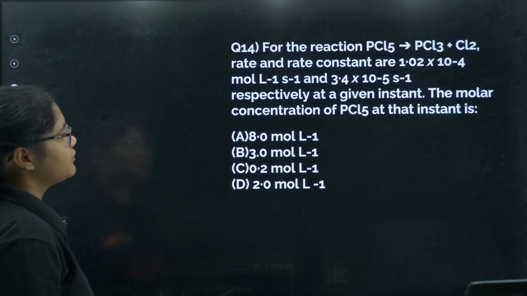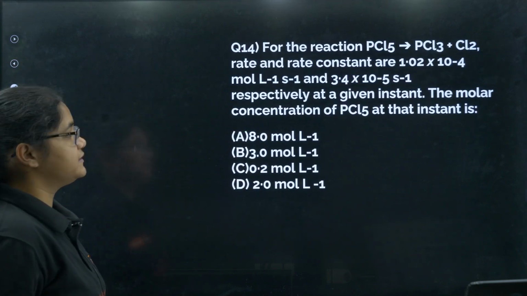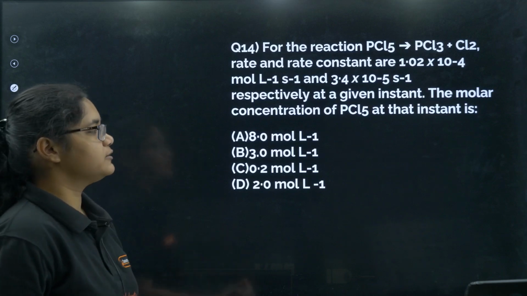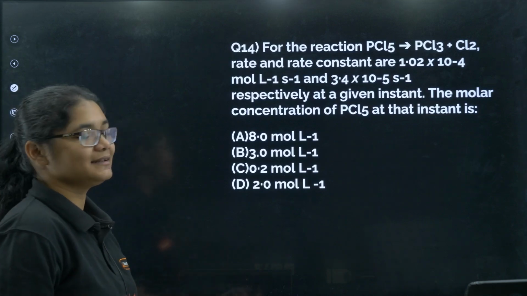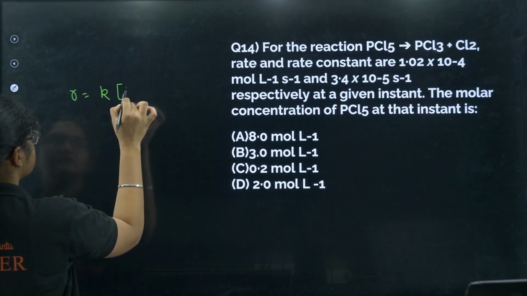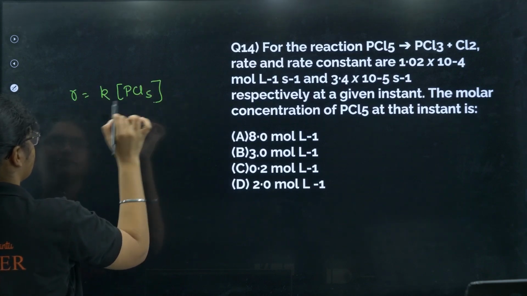Okay. Next, for the reaction PCl5 gives PCl3 plus Cl2, the rate and the rate constants are given, find the molar concentration of PCl5 at that instant. This is a very simple question. I have rate is equal to K into concentration of PCl5, right?